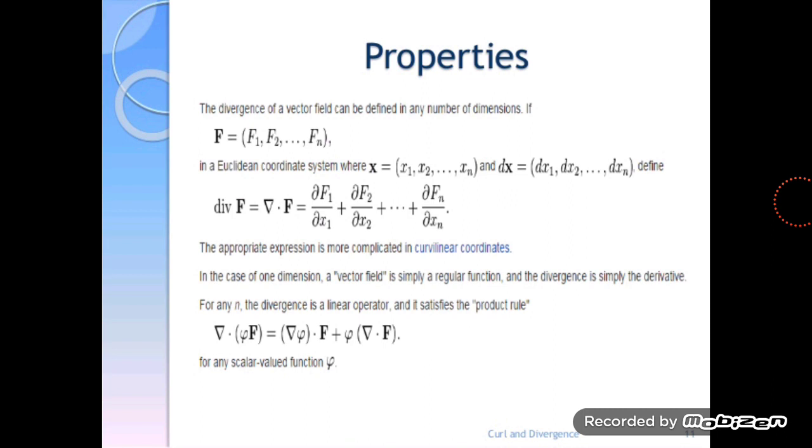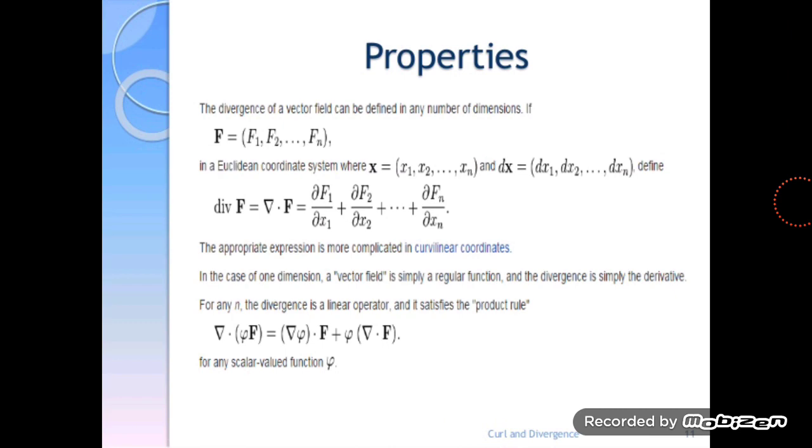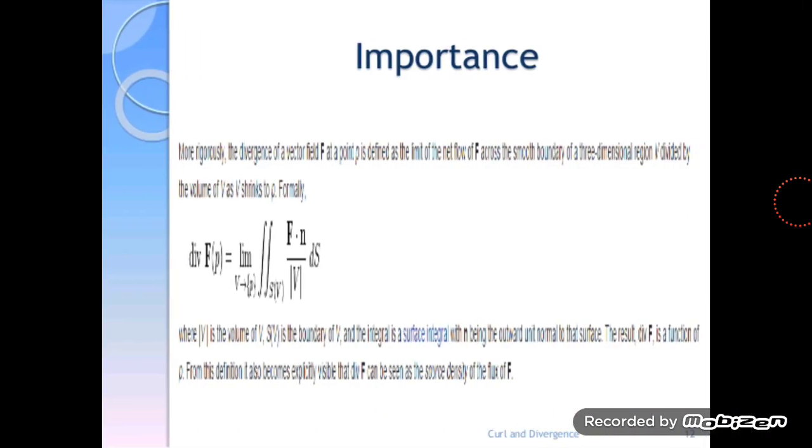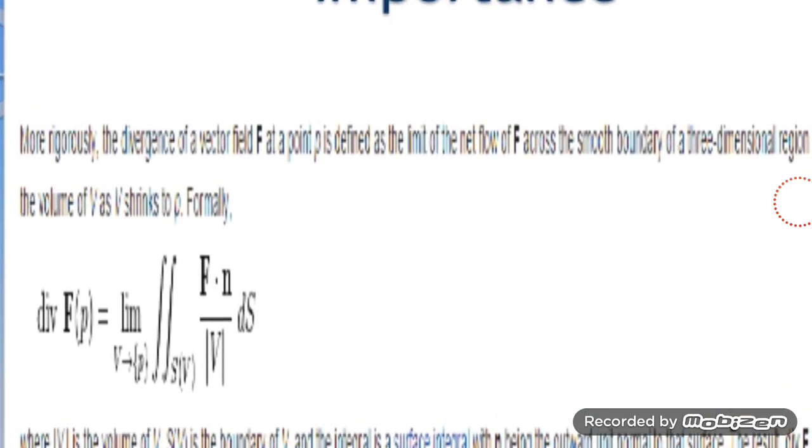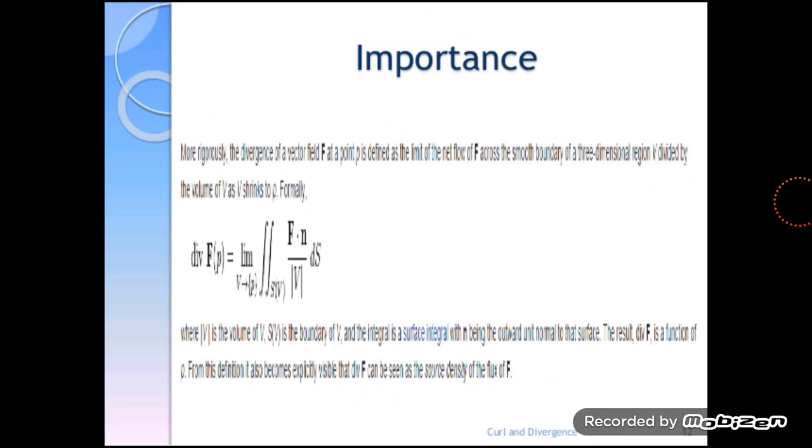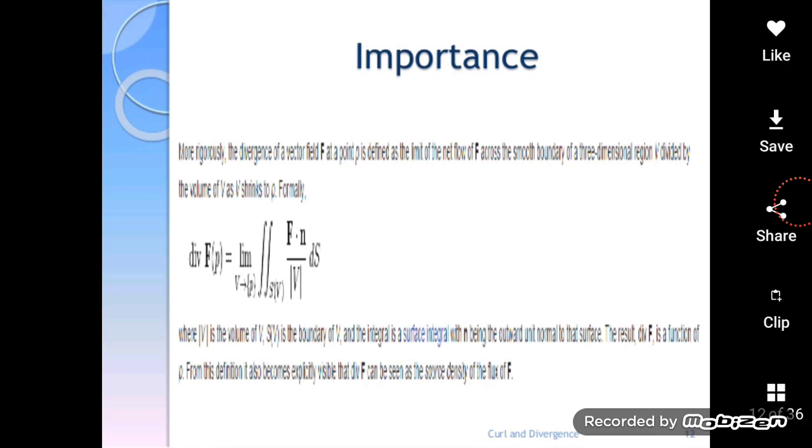So, as we have studied in earlier classes, the theorem del dot psi f is equal to this, for any scalar field psi, and this is the appropriate relation. Importance of divergence is this. So we can also write divergence as this.